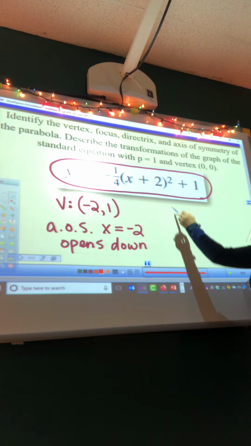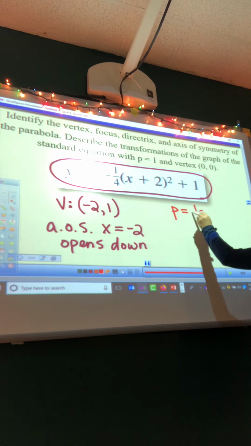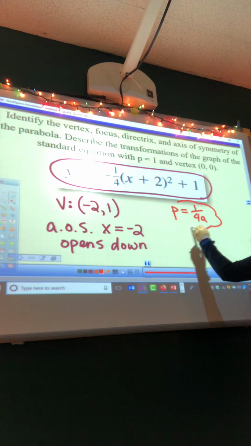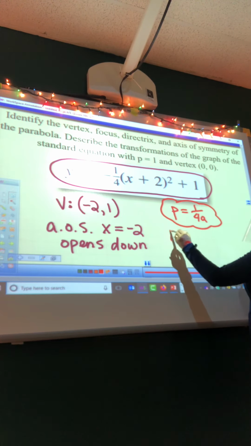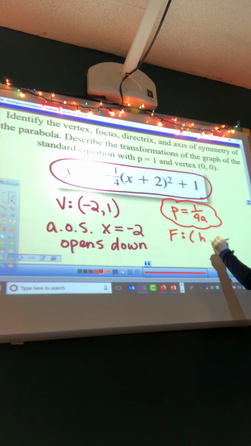So remember, P was bold. P was what for my formula? 1/4A. All right, so we have to find this first before we can go into the focus, which I'm going to use F. And focus is H, and is it K plus P for focus and minus for directrix? I don't know why, but sometimes I have to think hard on those.